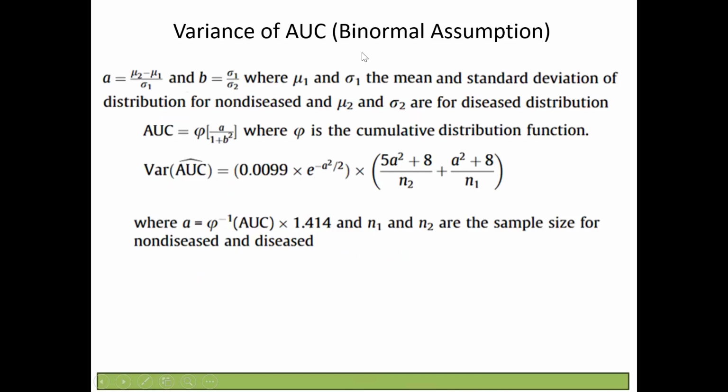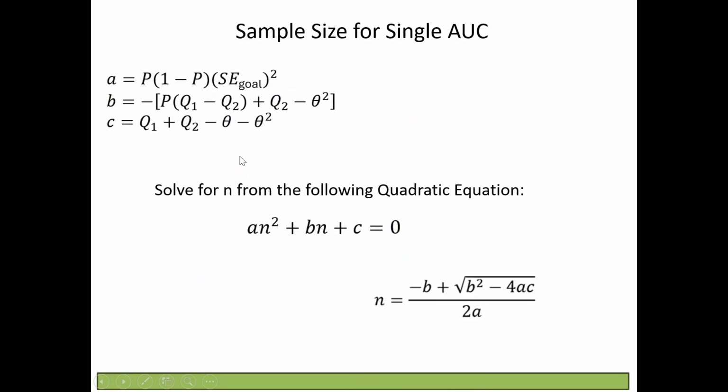This is according to the binormal assumption. Here the variance is given by this equation, and we can just assume N2 and N1 as equal. We can then simplify this equation. So sample size for single AUC, this is the shortcut approach.